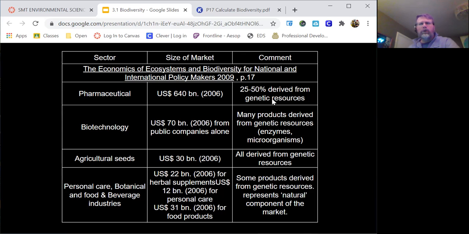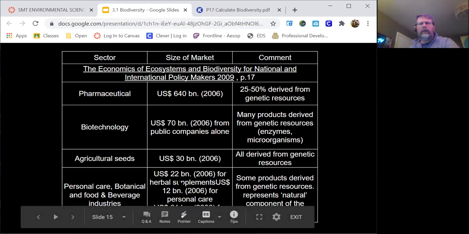Those each come down to 22 billion plus 12 billion plus 31 billion for all those different components of food, personal care, and supplements.